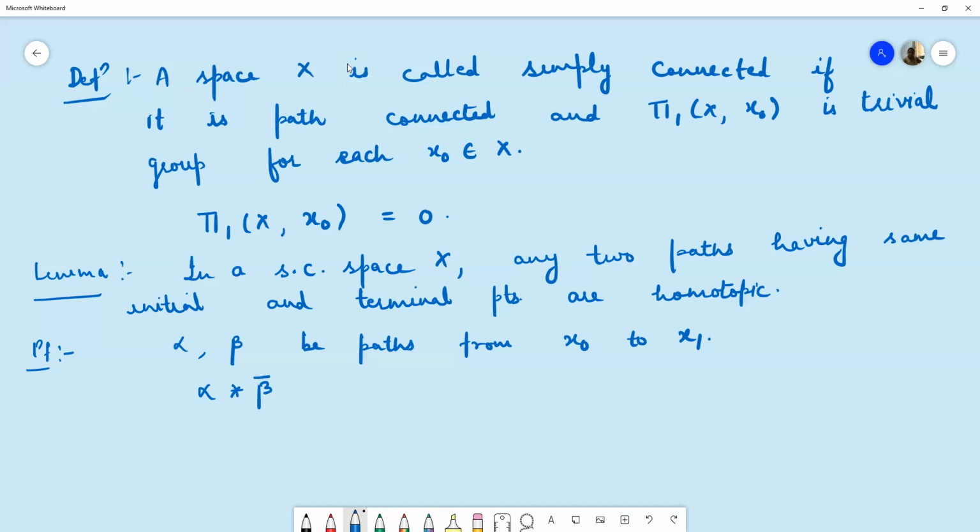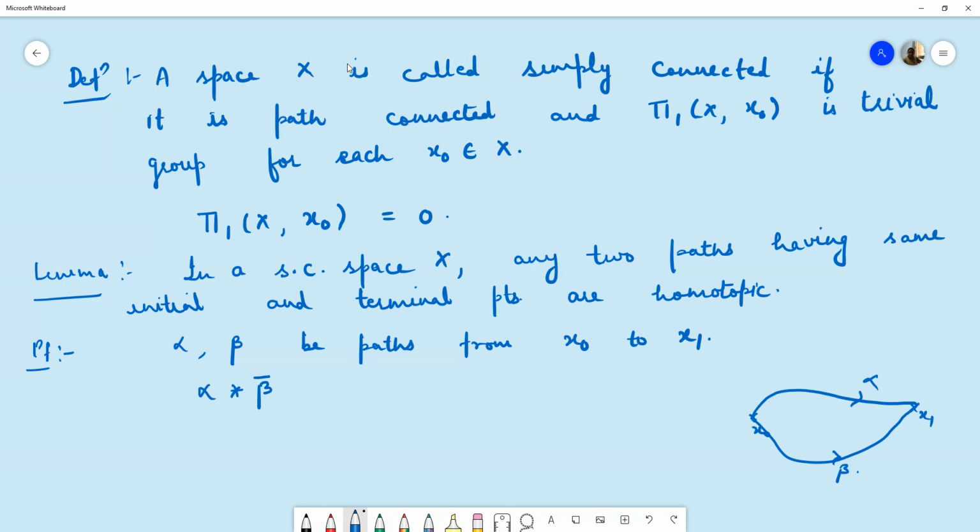Let us say this point is x0, this is x1. Alpha is this path from x0 to x1, and say this is path beta from x0 to x1. So the path alpha star beta bar, the reverse of beta, is defined because for the product of two paths, we need only that the end point of the first path should be equal to the starting point of the second path.